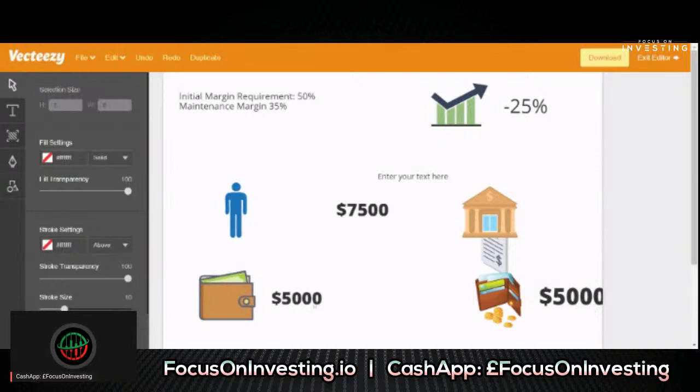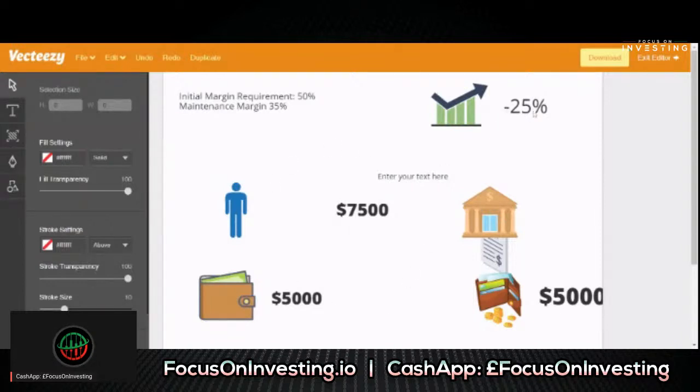Because remember, we started in the beginning with 5,000. That was the 50% margin. So we now have 10,000 in order to trade, right? The 10,000 was 5,000 of our own money, which was equity, and 5,000 which was debt, our margin from the broker that allows us to borrow that money. We put a 10,000 trade on.